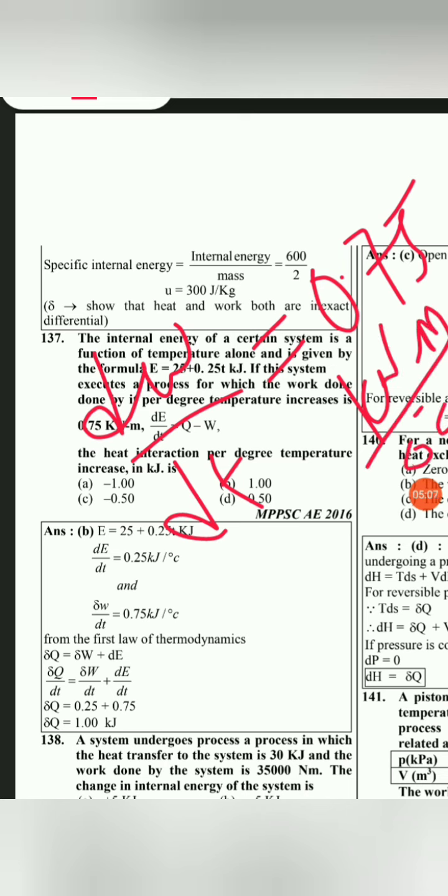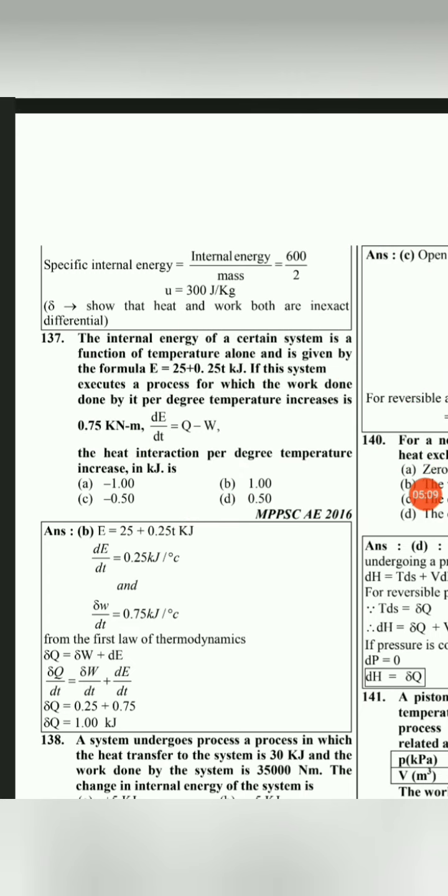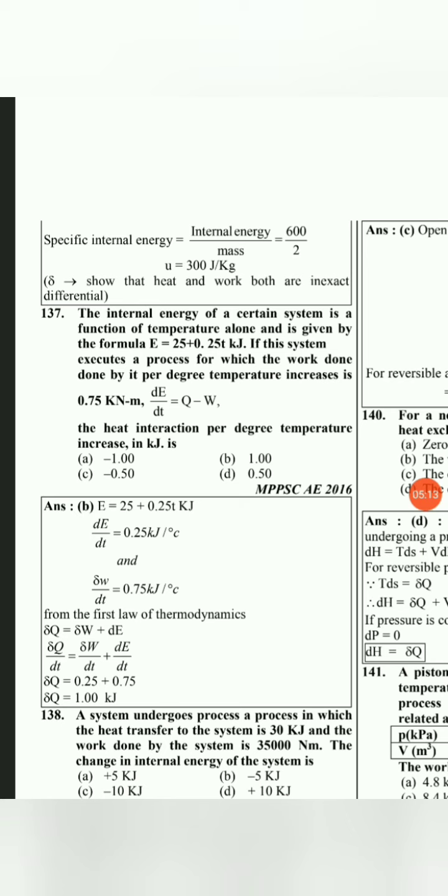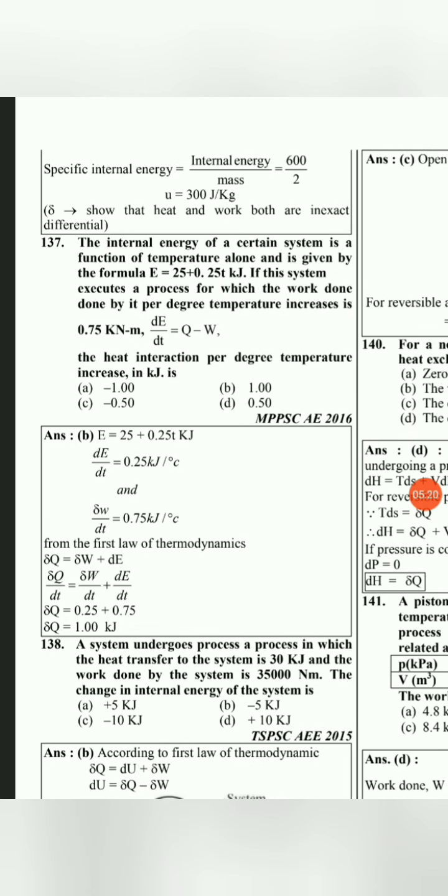The question asks for the heat interaction per degree temperature increase in kilojoule, where dQ by dT is equal to dU by dT plus dW by dT.